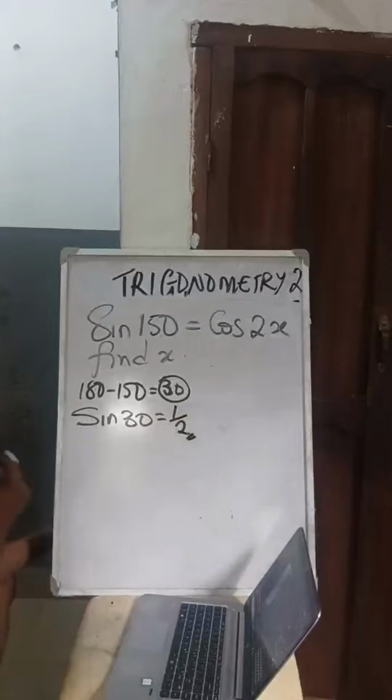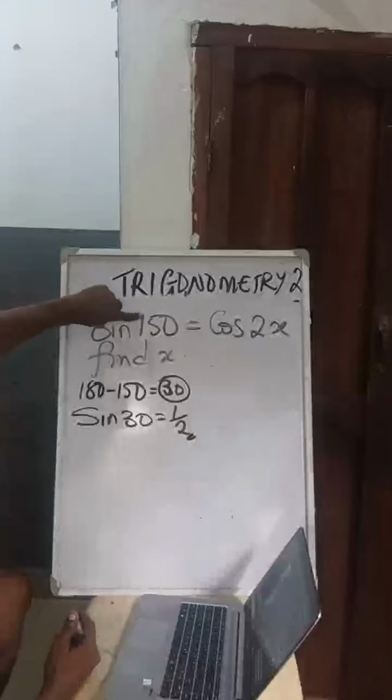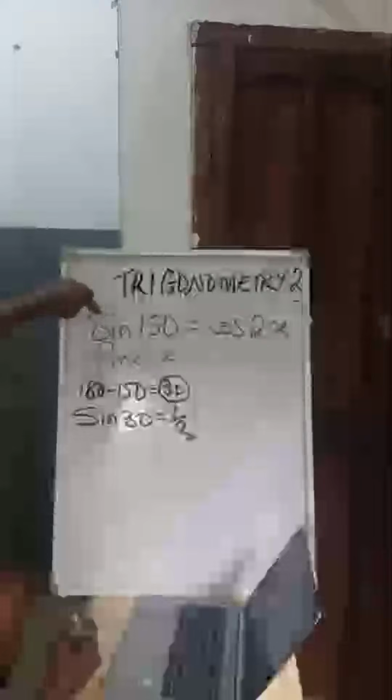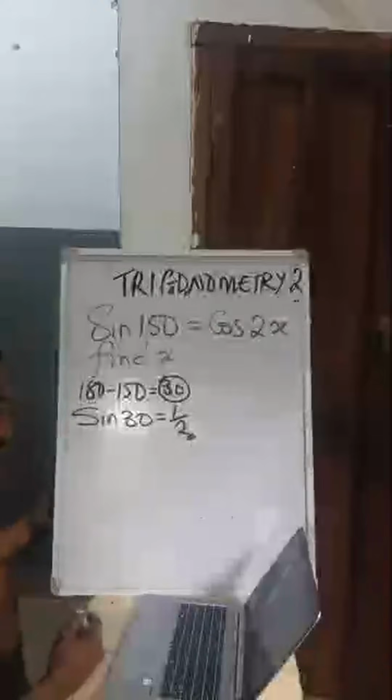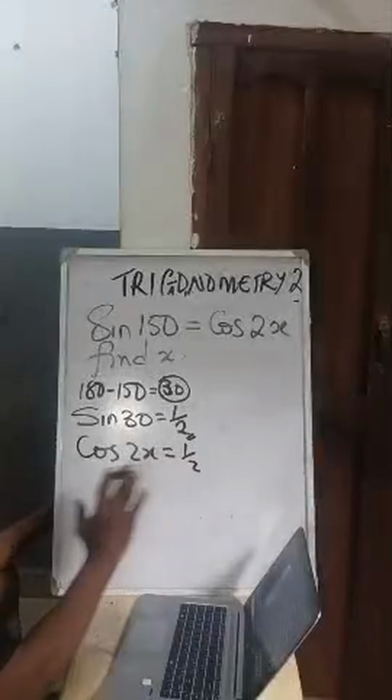You check again: because sine 150 is in the second quadrant, we already know that sine is positive. So 1 over 2 must be positive, so 2x is equal to positive 1 over 2.